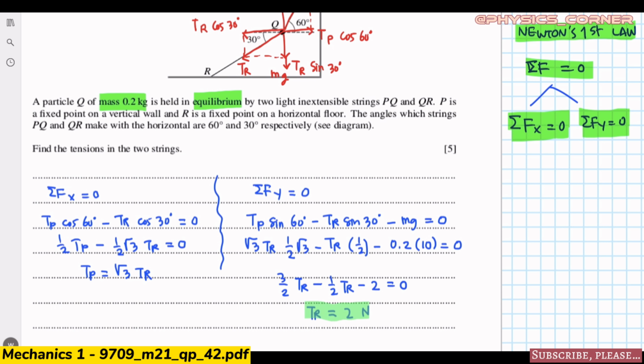We get TR. Now TP. Back again, TP is root 3 TR.